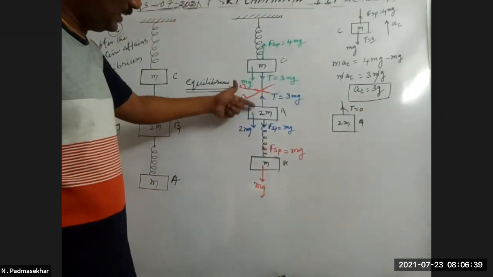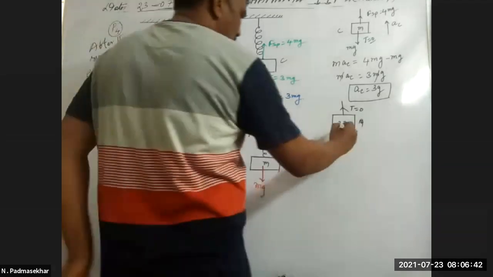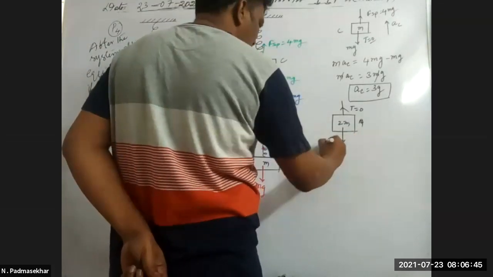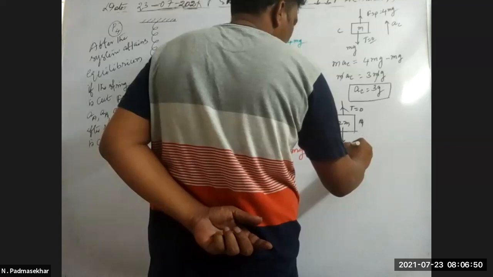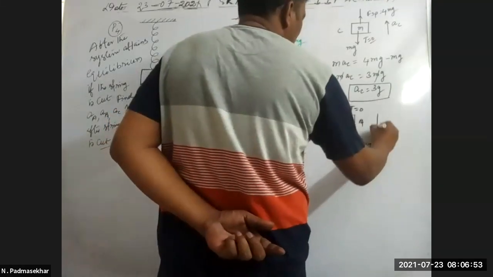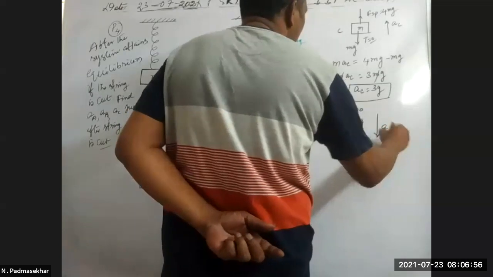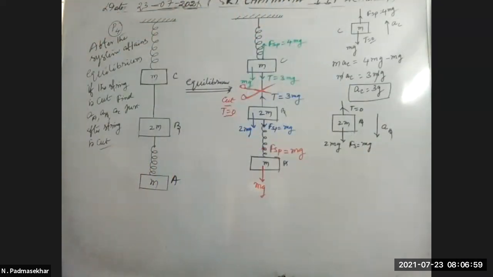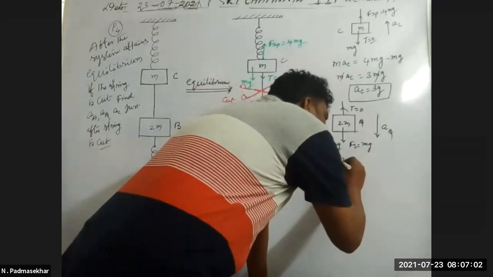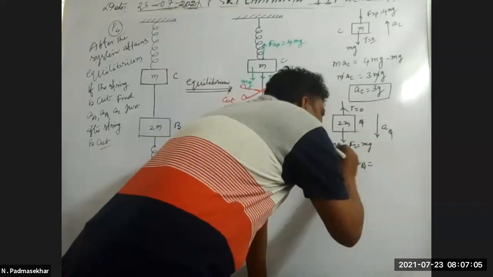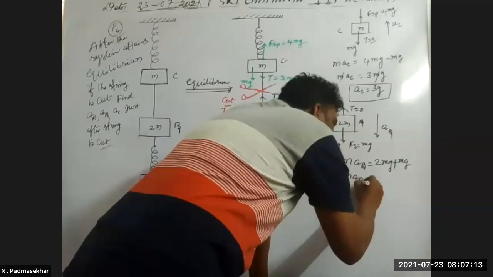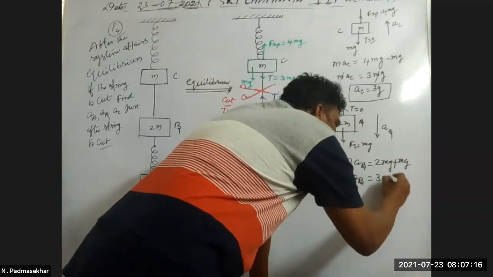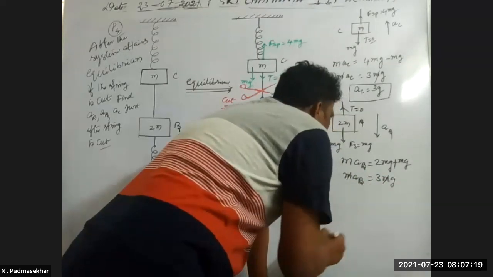So what is acting as downward force on this? 2mg is acting, plus the spring force equal to mg is acting. So this block is moving with an acceleration aB downward. So 2m aB is equal to 2mg plus mg, so this is 3mg.